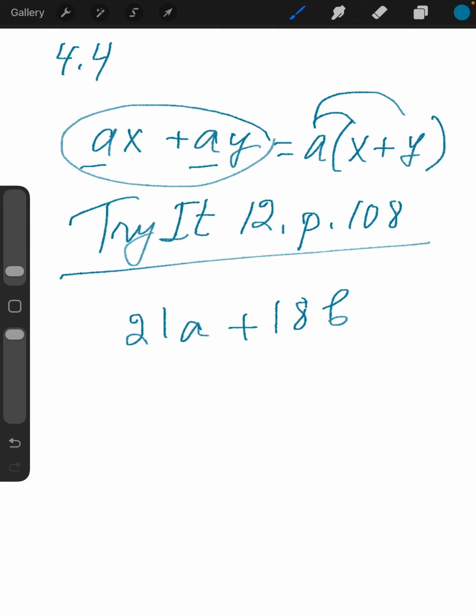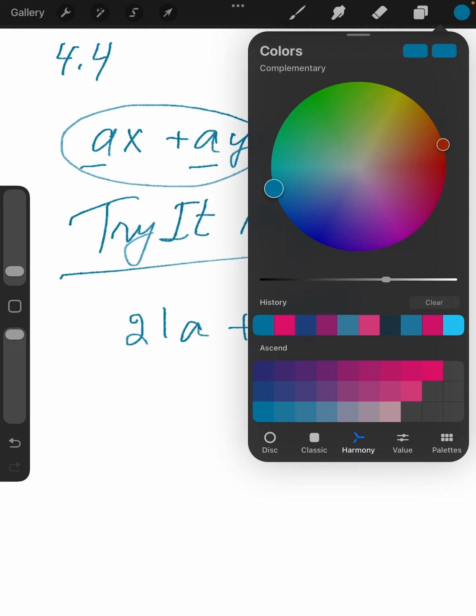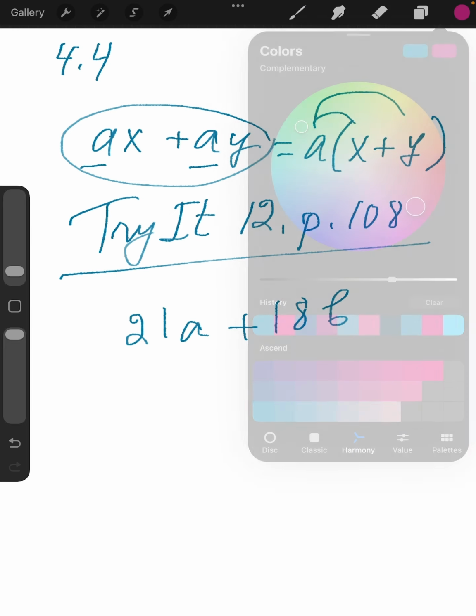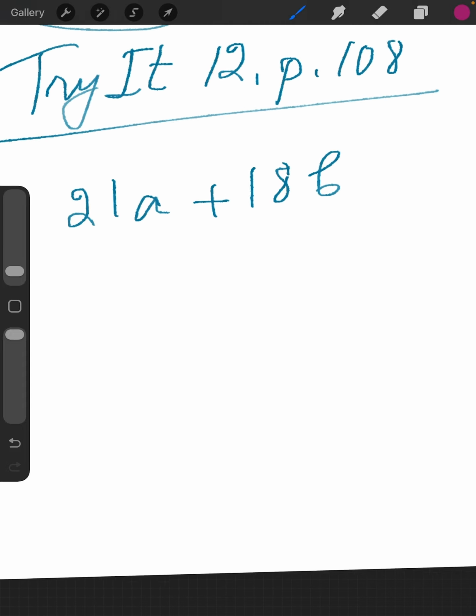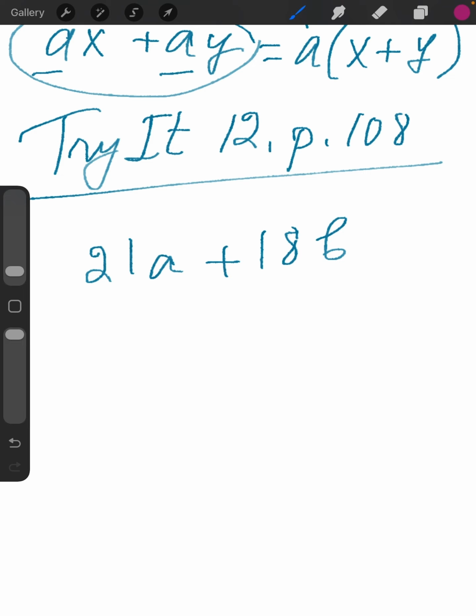Okay, I'm gonna change colors just because I think it's gonna be nicer that way. All right, so in order to do this, what we have to do first is look at how many terms we have. 21a and 18b, right? So we have to determine the factors of these terms.